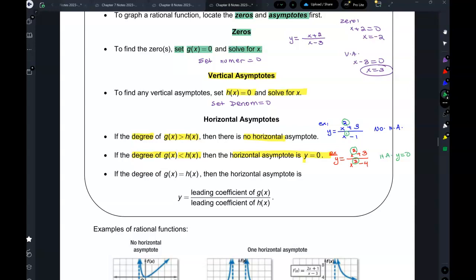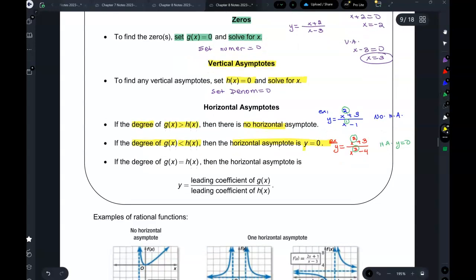What if it's the same? Okay, that's the next one. If the degree of g of x equals the degree of h of x, then the horizontal asymptote is the leading coefficient over the leading coefficient. So let's take a look at that here. So suppose, for example, you have y equals 5x squared plus 7 over 3x squared plus 5.